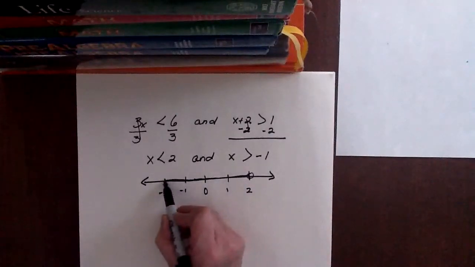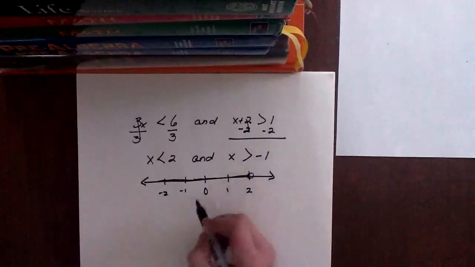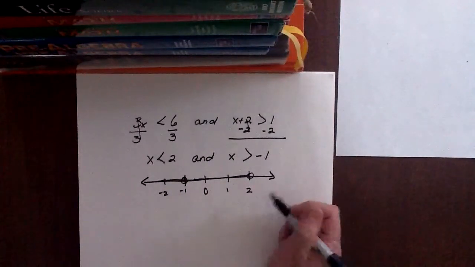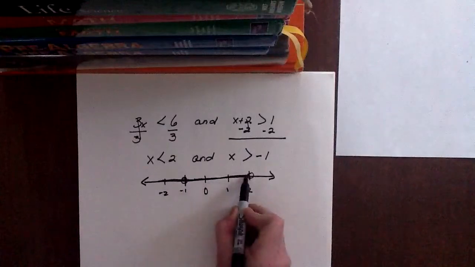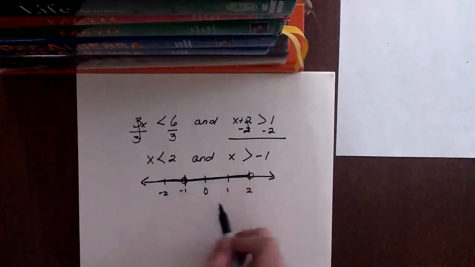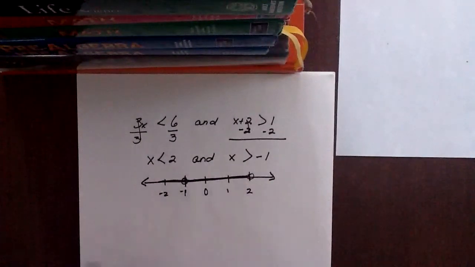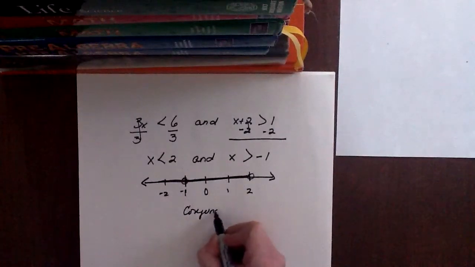So we're going to go all the way down here. The other parameter is that x is greater than negative 1, so we place our other dot right here, again with no fill because it's not equal to. The only thing that satisfies both inequalities is this space right here. So we're going to end up graphing these two inequalities in this format. And this again is a conjunction.